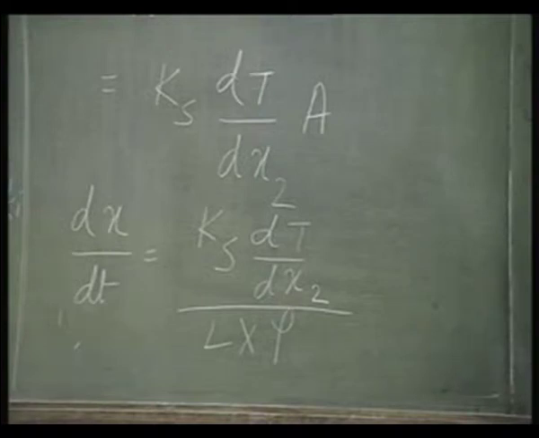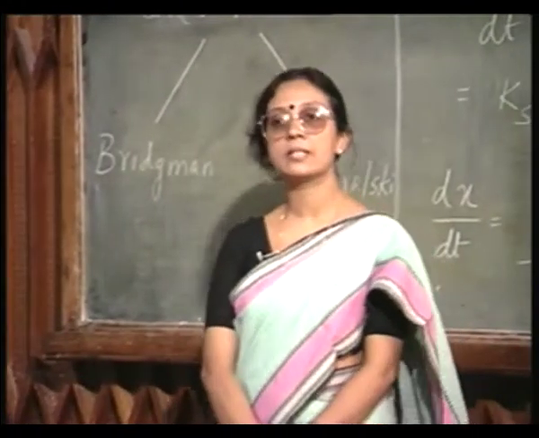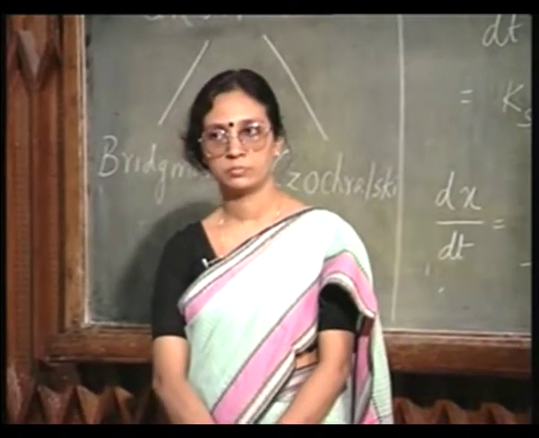This is the maximum attainable pull rate, that is when I am assuming that the thermal gradient in the melt is going to be 0.